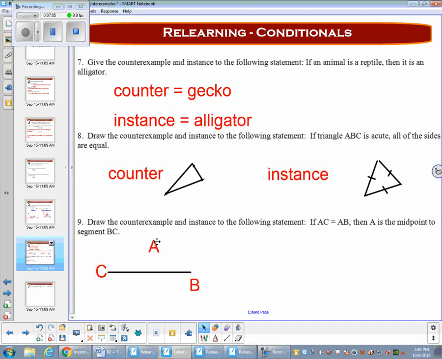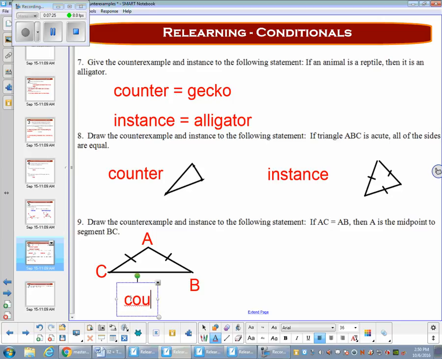So AC and AB have to be equal. Now, if it's here, it's going to be exactly equal. But a counterexample would be if A is up here, and these two are equal. Because AB is equal to AC, but A is not the midpoint.